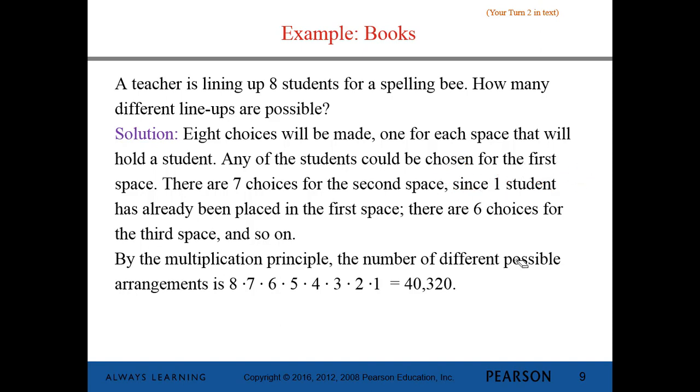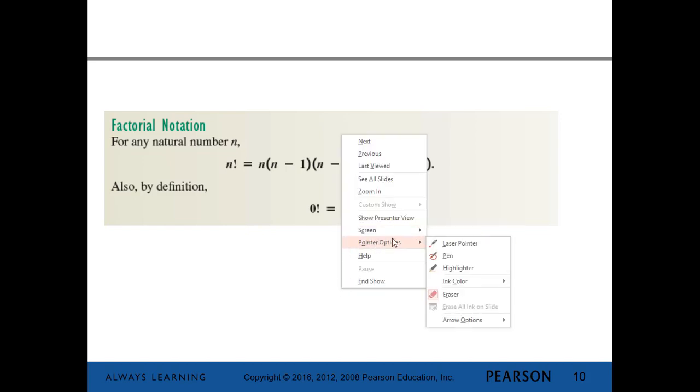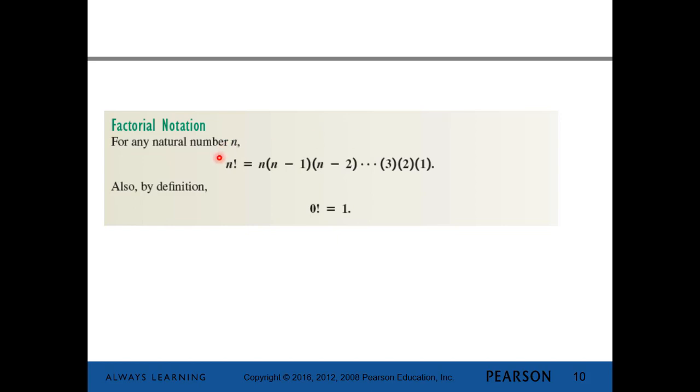Okay. So now here's the new symbol. This is called the factorial. The factorial symbol is n factorial, or n with an exclamation point, but we say n factorial.